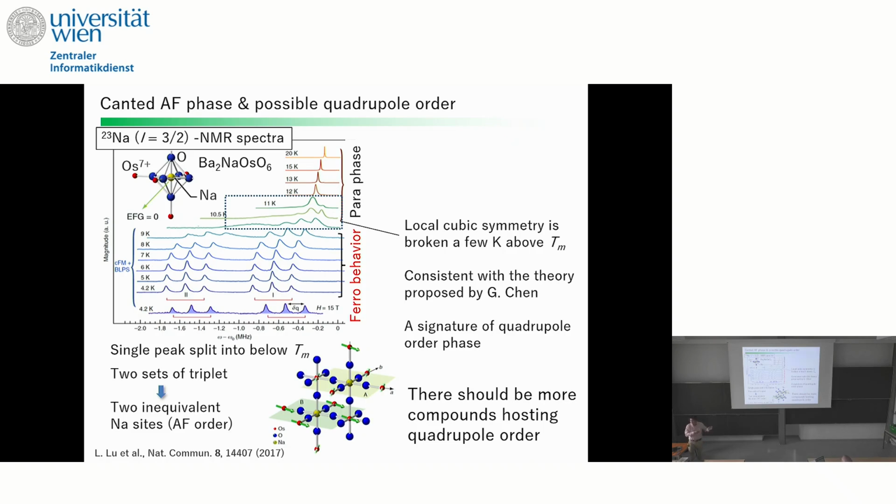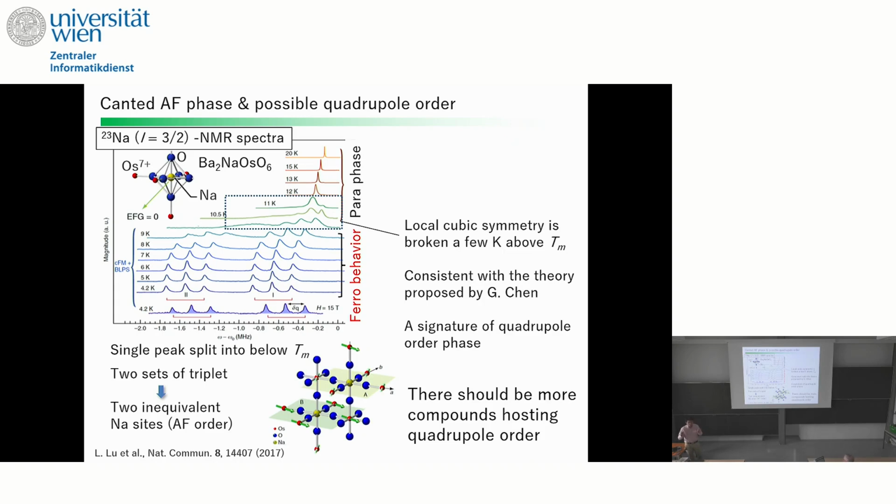Professor Mitrovic's group. This is the spectra of sodium-23 NMR. We have a single peak in the paramagnetic phase, but in the magnetically ordered phase, we have a triplet. This means we have an internal magnetic field. The important thing is that we have two sets of triplets, which means we have two inequivalent sodium sites.